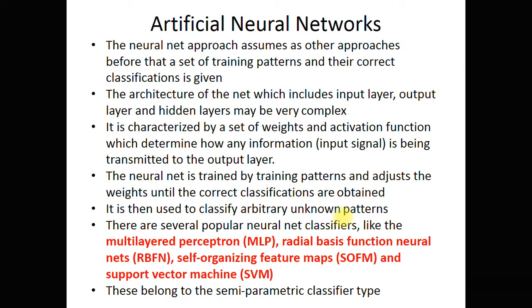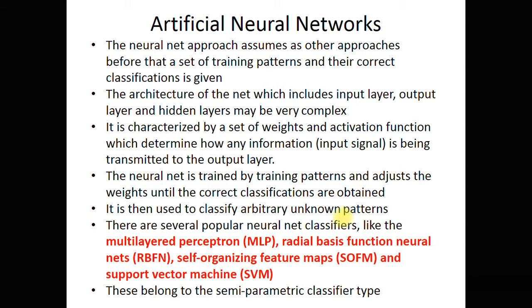The artificial neural network approach assumes, as other approaches before, that a set of training patterns and their correct classification is available. So we already know the ground truth. The architecture of the net, which includes input layer, output layer and hidden layers, may be very complex. We have already seen such an example. It is characterized by a set of weights and activation functions which determine how information, that is your input signal, is transmitted to the output layer.